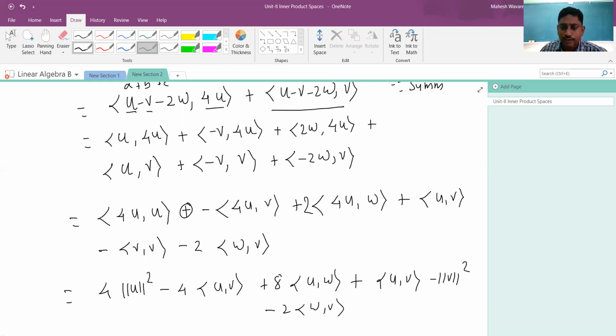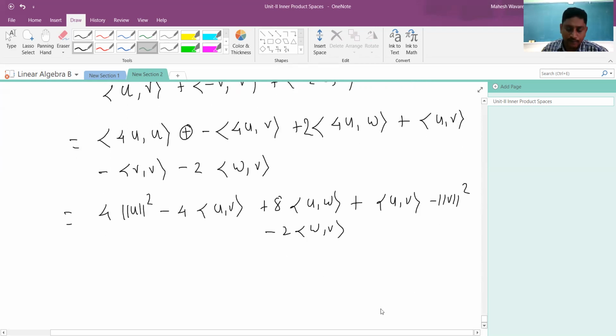So now it is needed to put in all the values, nothing else. What is the value of norm of u squared? Norm of u is given as 3, so it is 9, 3 squared. What is the inner product of u with v? It is minus 1. The inner product of u with w is 2. Inner product of u with v is minus 1.